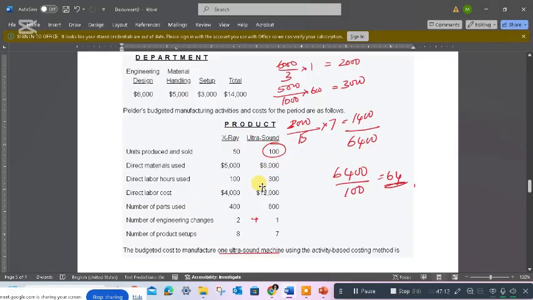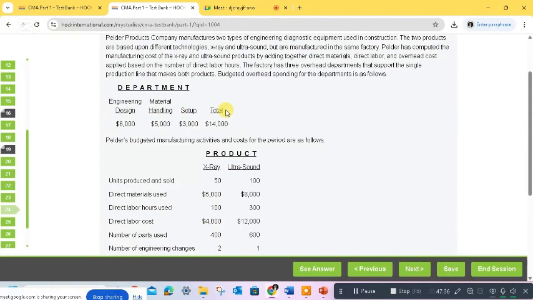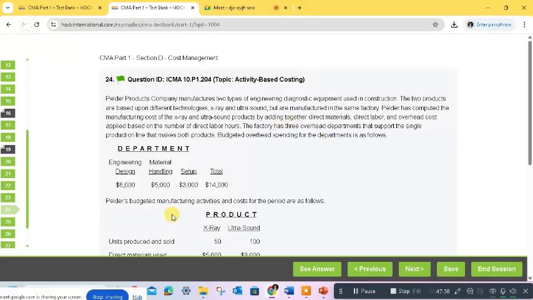This is only overhead. Where is material, labor? Because total cost. So material 8,000 divided by 100 will be 80. Labor hours given 300 hours for all 100 units, right? So 3 hours. What is the labor rate? Did he give the labor rate? Labor cost is given.